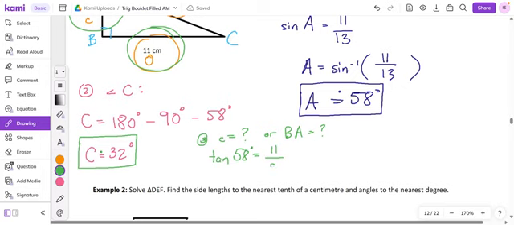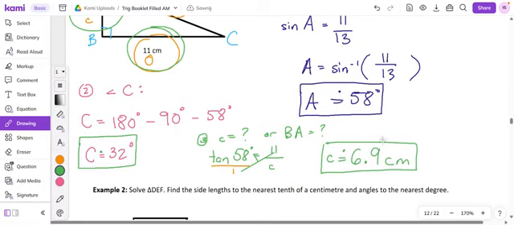For adjacent, I'm going to write lowercase c over 1. And I'll have that c equals, I have to do T method, 1 times 11 divided by tan 58. And I'm going to round to 1 decimal place, 6.9 centimeters, and it is approximate.